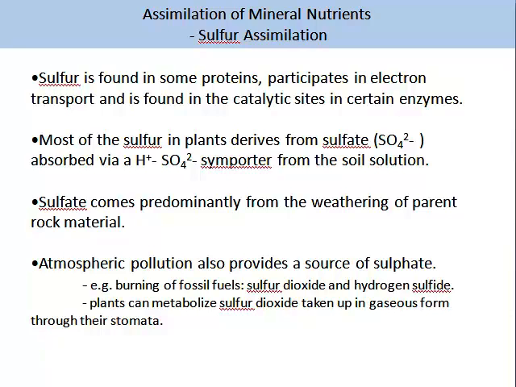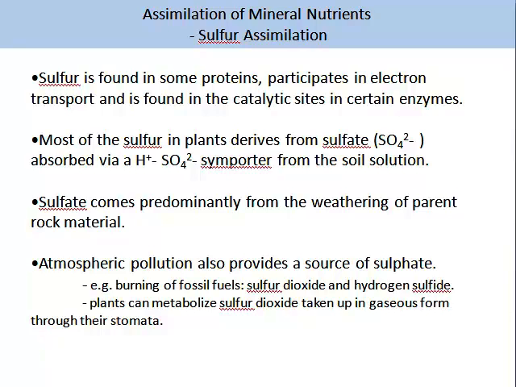Sulfur is found in some proteins. It participates in electron transport and is found in the catalytic sites of certain enzymes. Most of the sulfur in plants derives from sulfate, SO4, and it is absorbed via a hydrogen ion symporter from the soil solution.